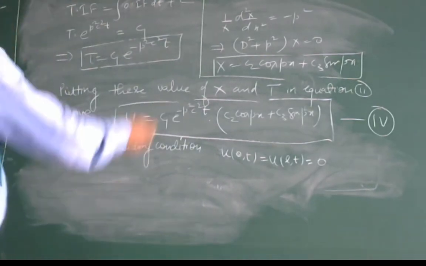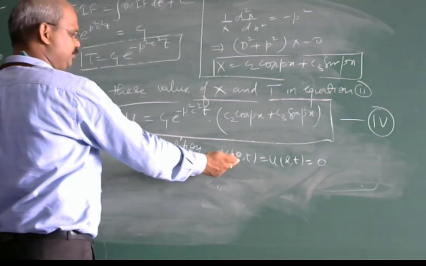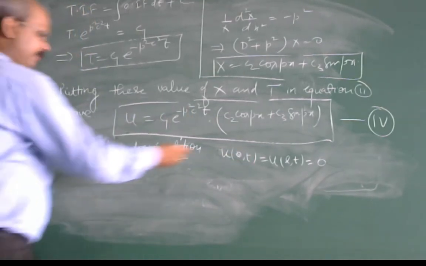So this is the boundary condition. Whenever x is equal to 0, u equal to 0.